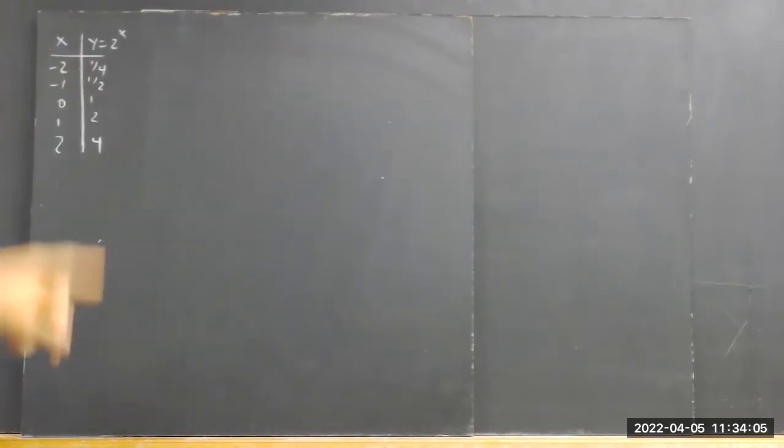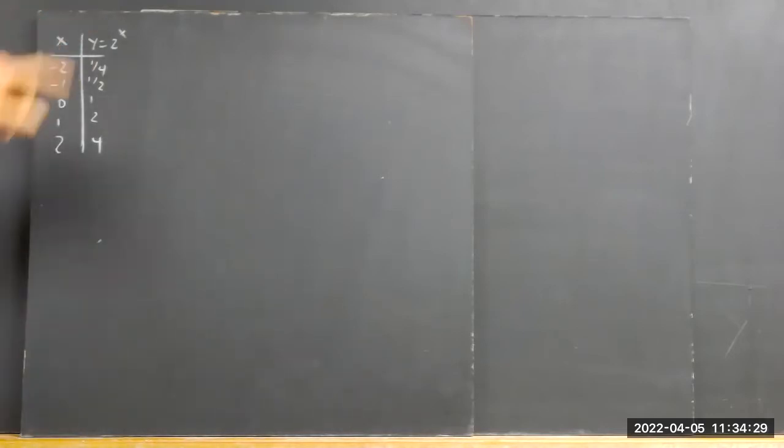Here's your y equals 2 to the x function. Here's a table for the y equals 2 to the x function. Okay. I don't know when I'm recording, when I'm not. Hopefully we got what we just got. But okay, here you got the y equals 2 to the x function. Here's a table. Can you make a table for the inverse function? You remember how to make a table for the inverse function?